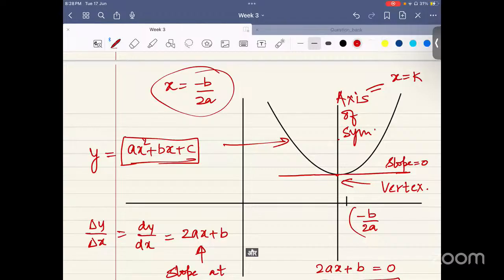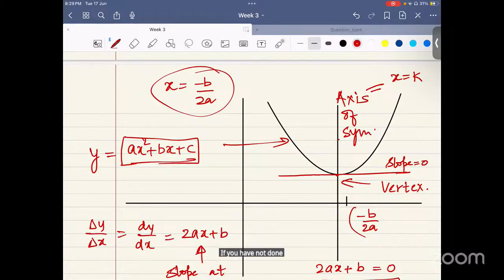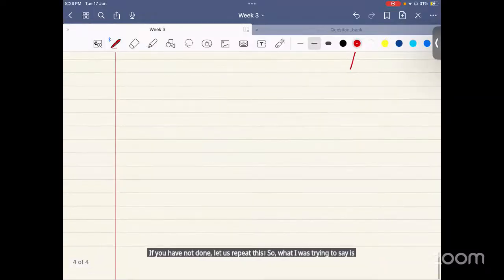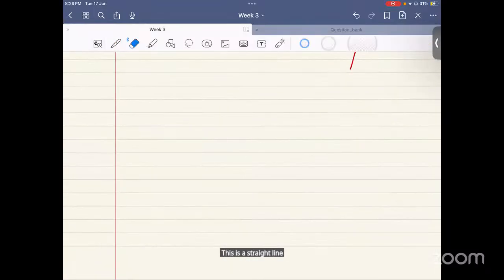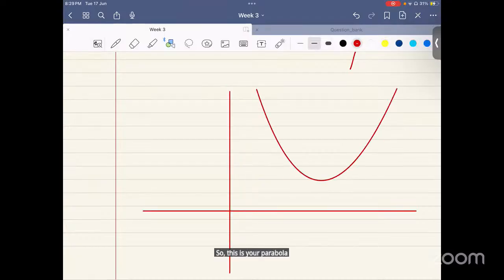Are you able to get it? How many of you have not understood? Anybody who has not understood how to get the axis of symmetry? If you have not, okay, let's repeat this. So what I was trying to say is, this is a straight line. So this is your parabola, correct?